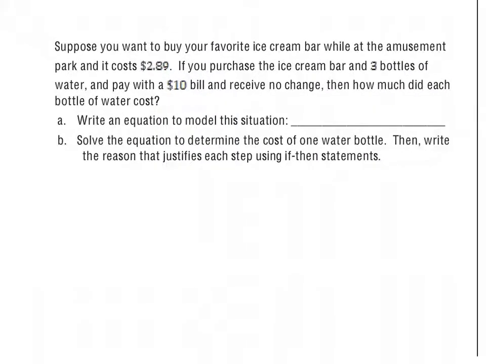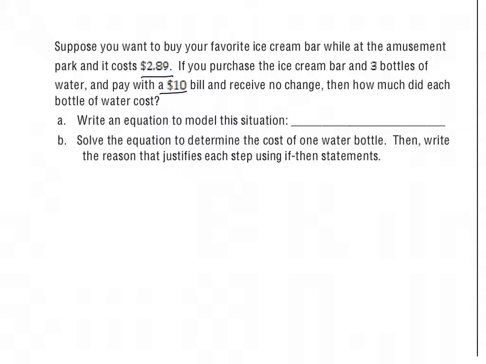As we come down to the second part, along the same question, this one asks us, suppose you want to buy your favorite ice cream bar while at the amusement park, and it costs $2.89. If you purchase the ice cream bar and 3 bottles of water and paid $10 with a $10 bill and received no change, then how much did each bottle of water cost? So all of our expenditures add up to a total of $10.